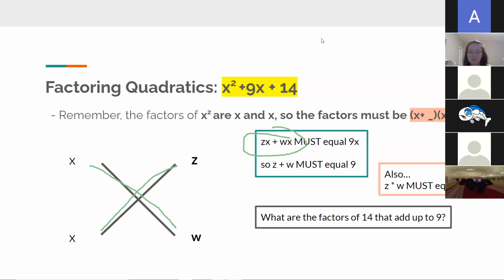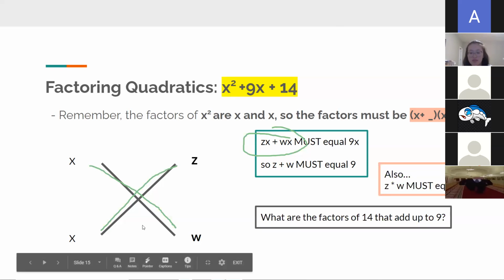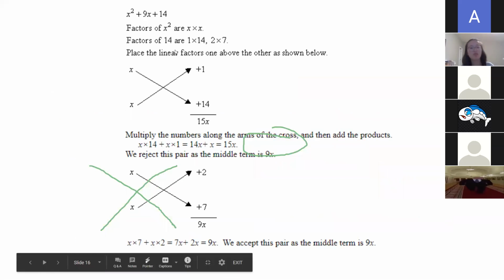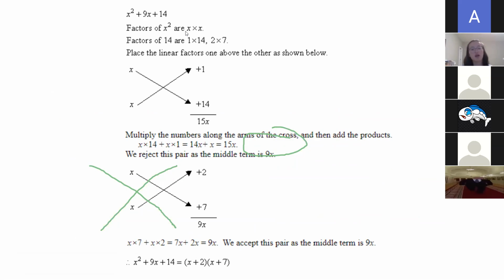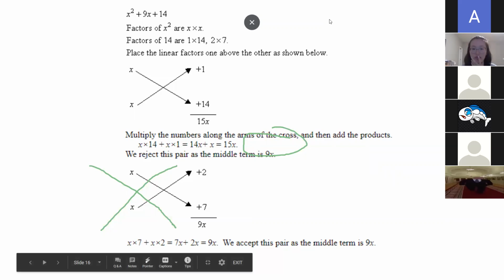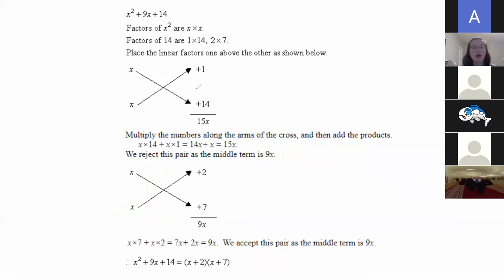7 and 2. Yeah, it would be 7 and 2. 7 times 2 is 14, and 7 plus 2 is 9. Good job. So the factors of x squared are x times x, and like he said, the factors of 14 are 1 times 14 and 2 times 7, but 2 times 7 because 2 plus 7 equals 9.